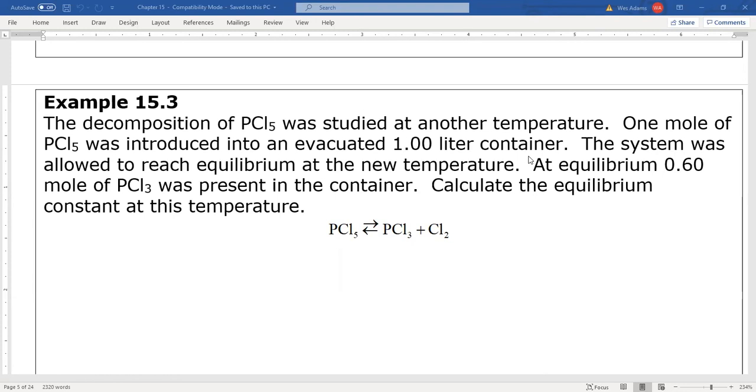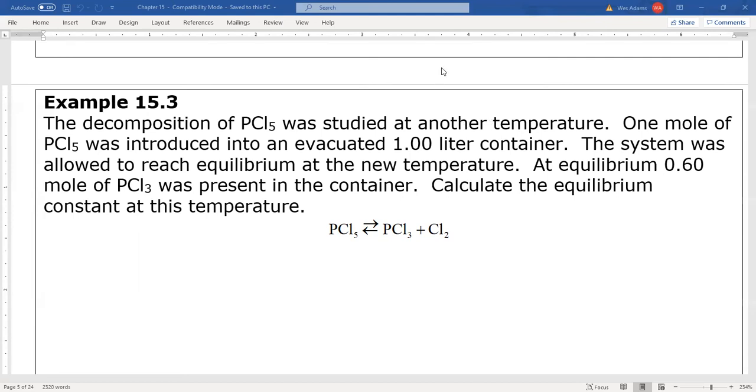And so there was no PCl3 or Cl2 present initially. But at equilibrium, we say that we have 0.6 moles of PCl3. So 0.60 molar. What would be the new equilibrium constant?